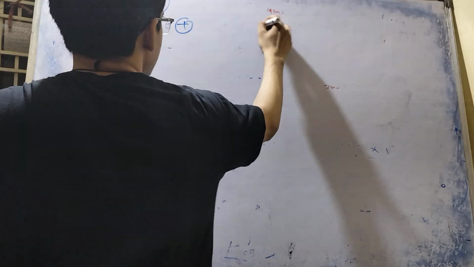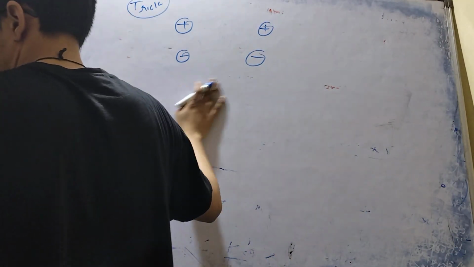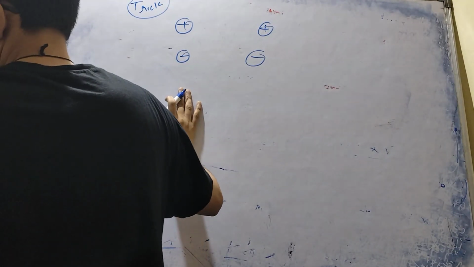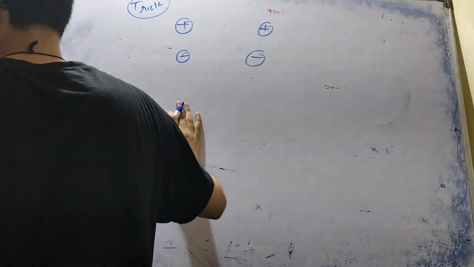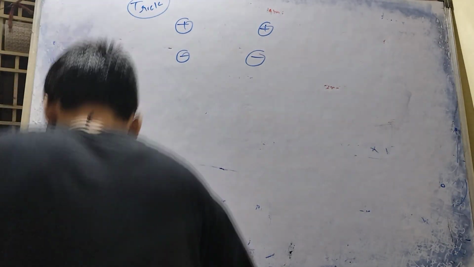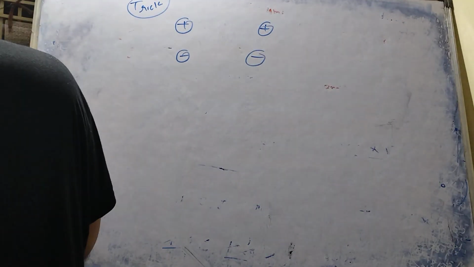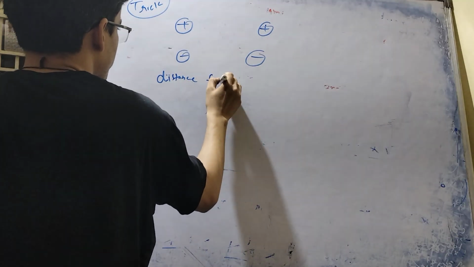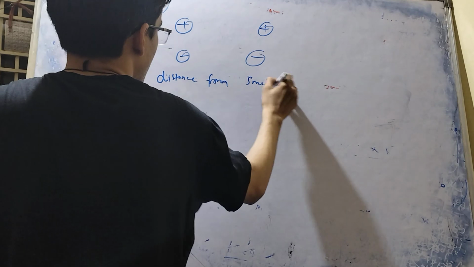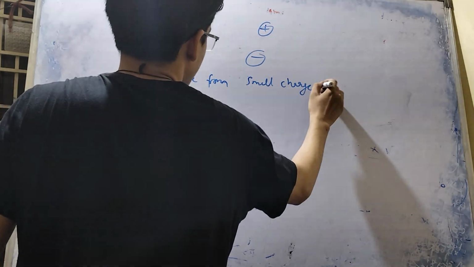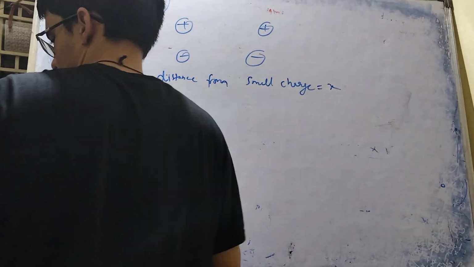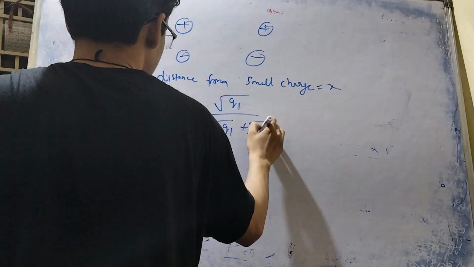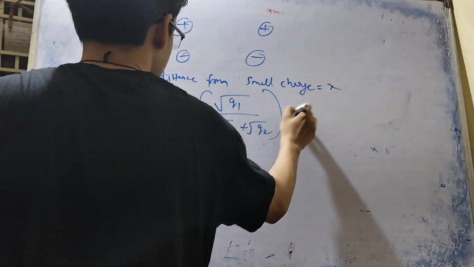If you have plus plus charge or minus minus charge, so distance from the smaller charge x, and x will be equal to under root q1 upon under root q1 plus under root q2, into L, representing both.